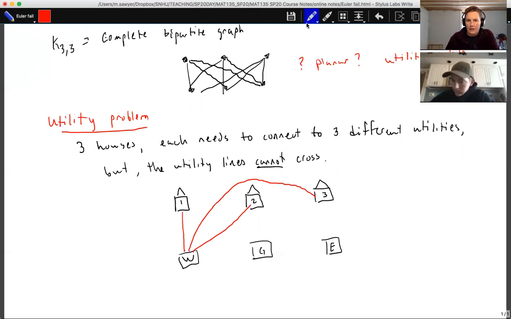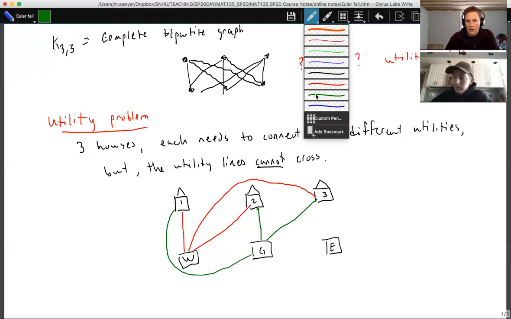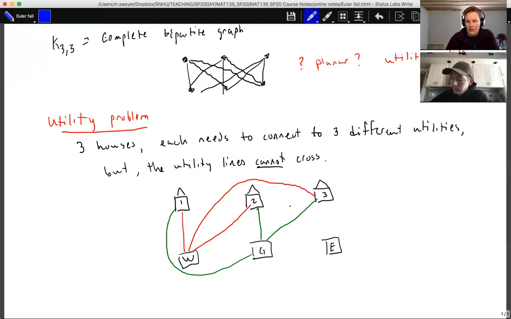And I can connect my gas. I can pull the gas around to house 1, gas to house 2, and gas to house 3. So water and gas are fine. But now when I go to do the electric, house 3 is fine.